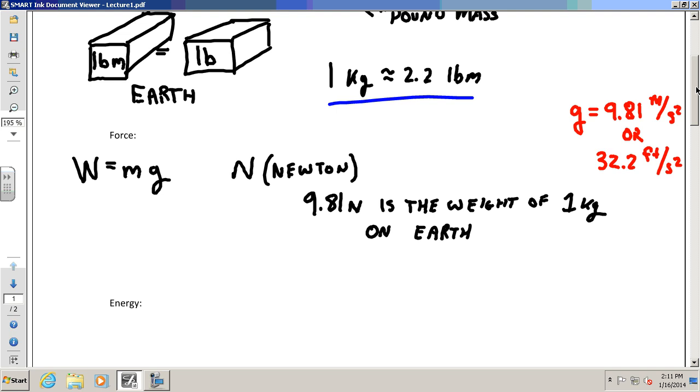If you have 1 kilogram, it weighs 9.81 newtons. So there's your conversion. Pretty easy.